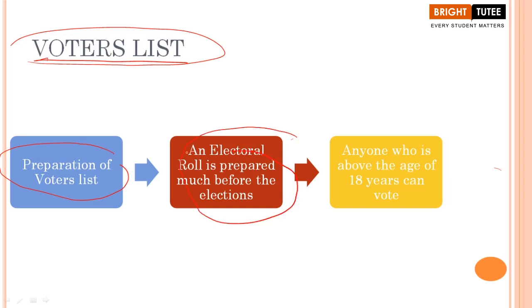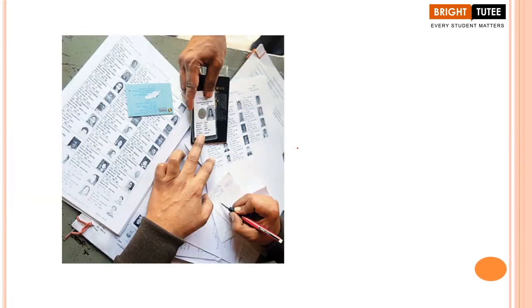So at first, an electoral roll is prepared. It means that the data of people who are eligible to vote is prepared, and anyone who is 18 years or above can vote. This is an important point that we have to keep in mind here. This is happening after the number of constituencies has been fixed.